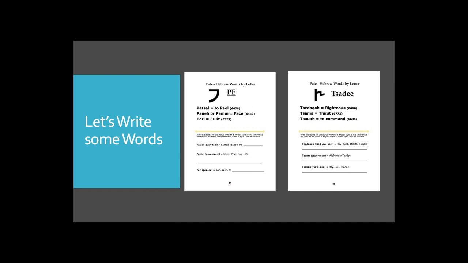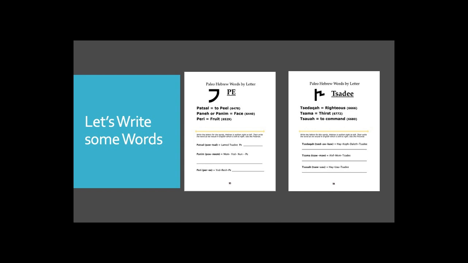For Pei, we have the word patsal. Now, we know that I am not the best at pronouncing these words, so when you look at the phonics, Paw-Tsal, you might actually pronounce that better than I do. As a matter of fact, I'm quite sure you will. So, I'm sorry if I butchered it, but that's what we got. It does mean to peel. It is the Hebrew Strong's number 6478.